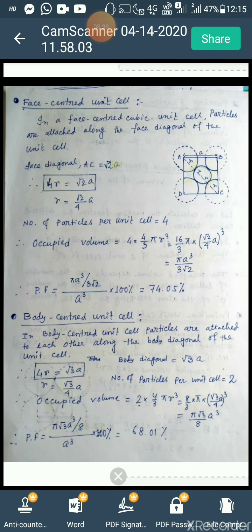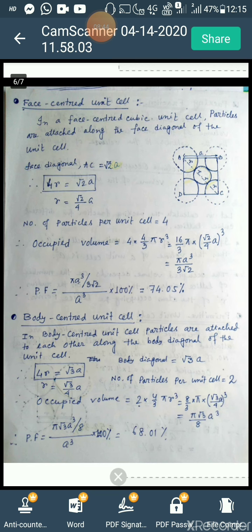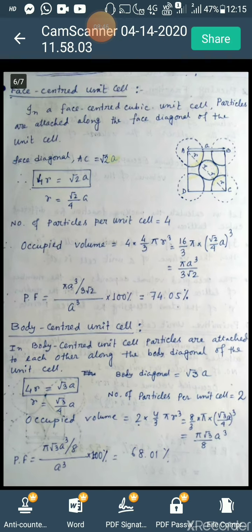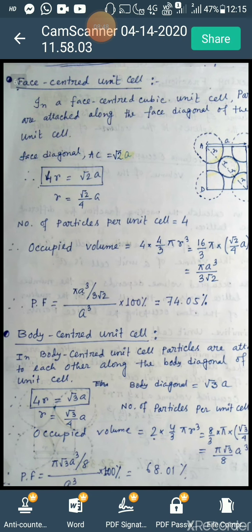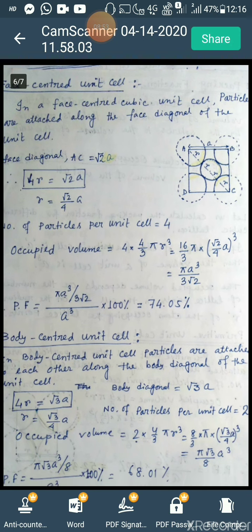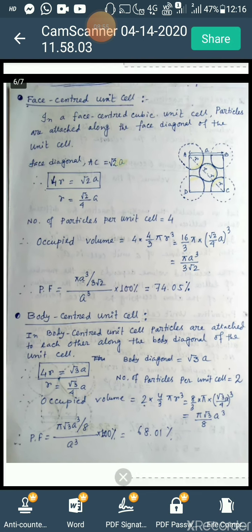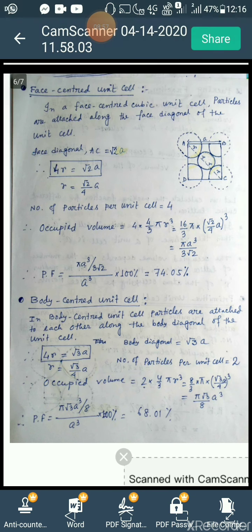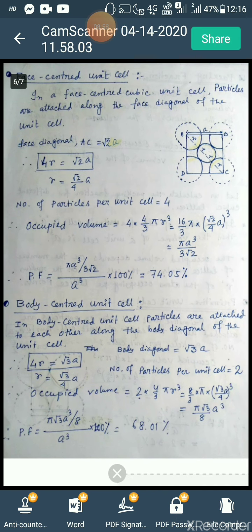Now in case of face-centered unit cell, you have to remember that in face-centered unit cell the particles are attached along the face diagonal of the unit cell. You can see the diagram to the right.